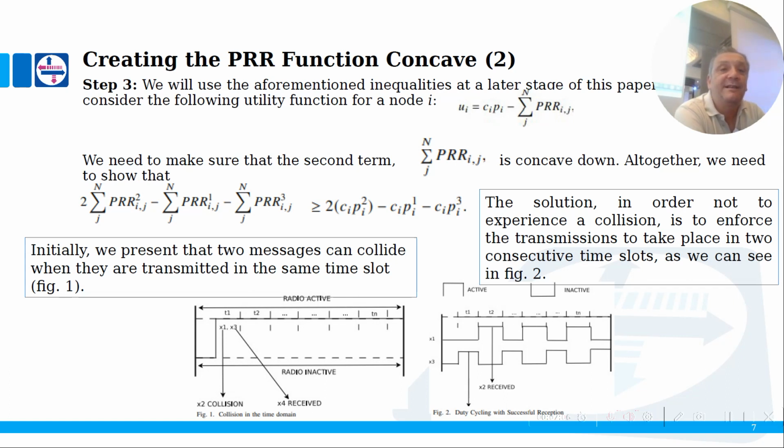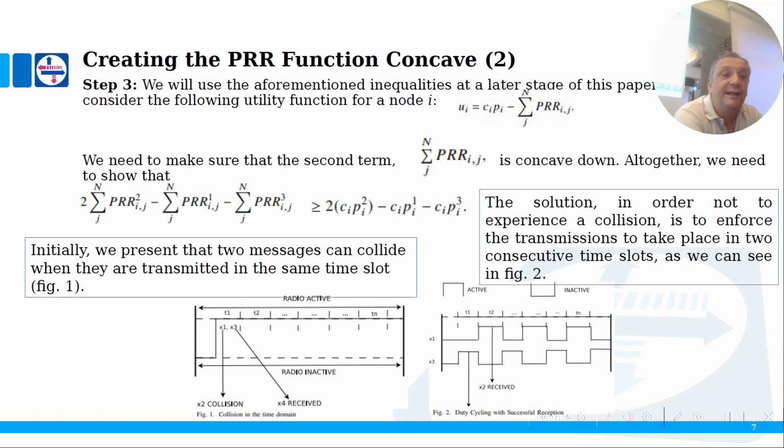So basically, we consider the following utility function, which is c_i p_i, a concave term, minus the summation over j to n of PRR_ij. And we need to make sure that the second term, the summation over j to n of PRR_ij, is concave down, because the negative will be concave up.